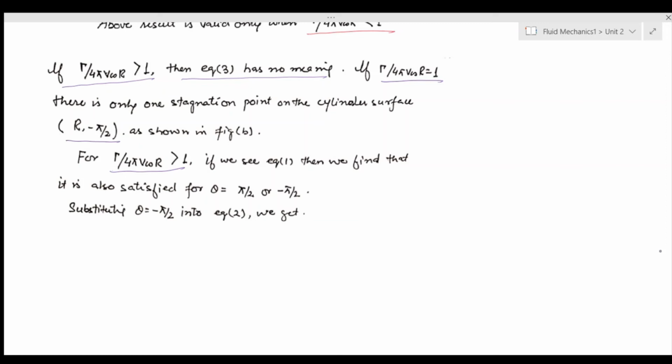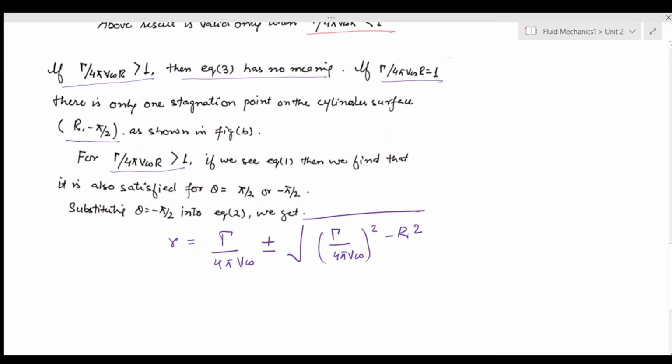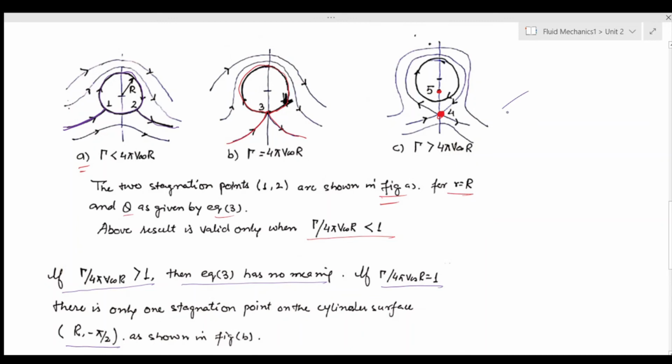Now, if I substitute theta equals minus pi by 2 back into equation 2, I would get r equals circulation divided by 4 pi V infinity plus minus the square root of (circulation divided by 4 pi V infinity) squared minus R squared. From this, I would get two values of r, one inside and the other outside the cylinder. And this is where we got case C.